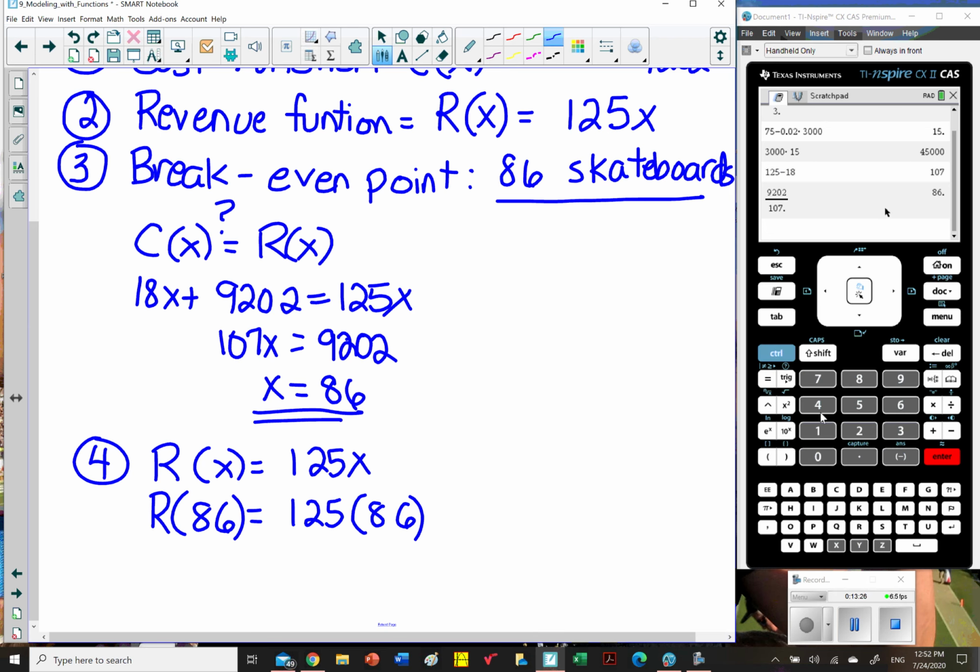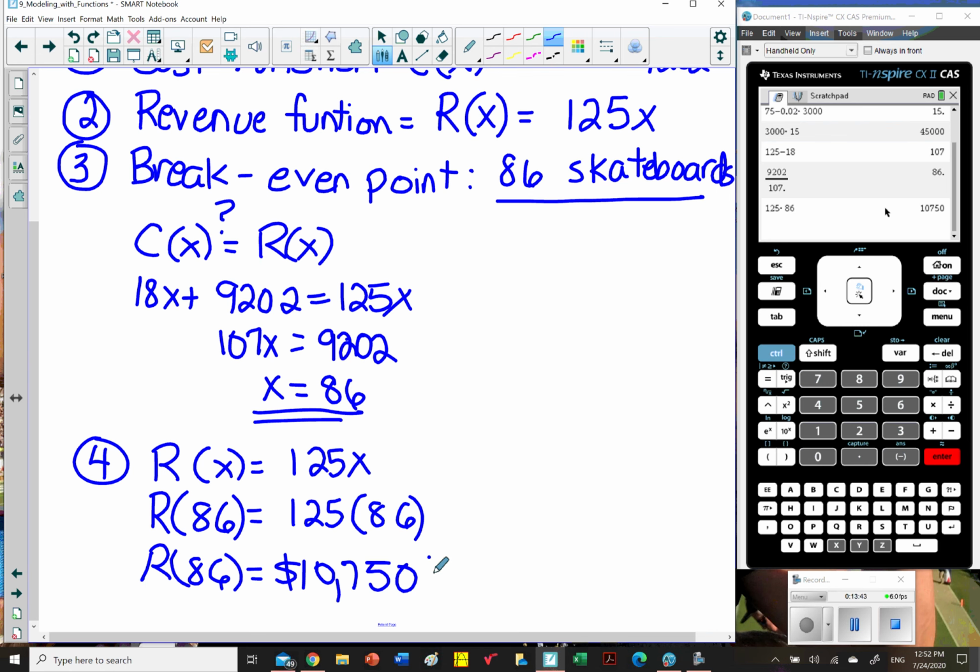So what does that look like? 125 times 86 means we need to bring in $10,750 in order to break even. Everything after that is profit.